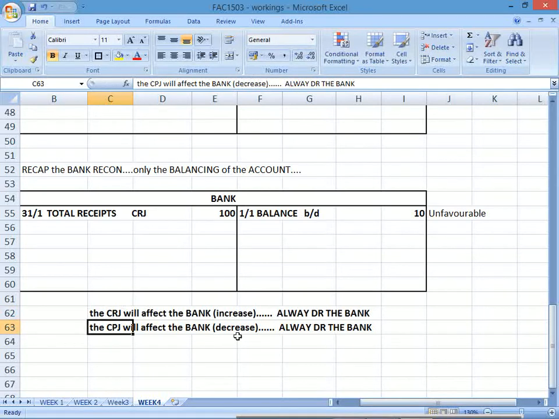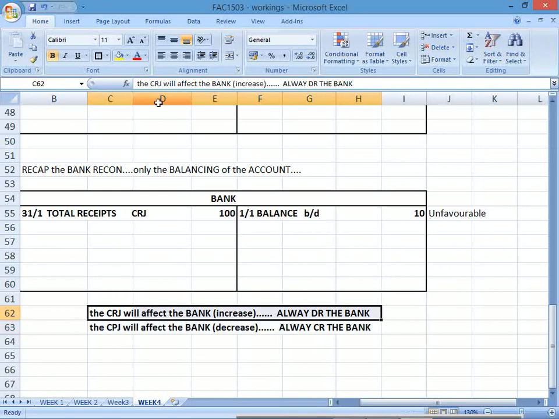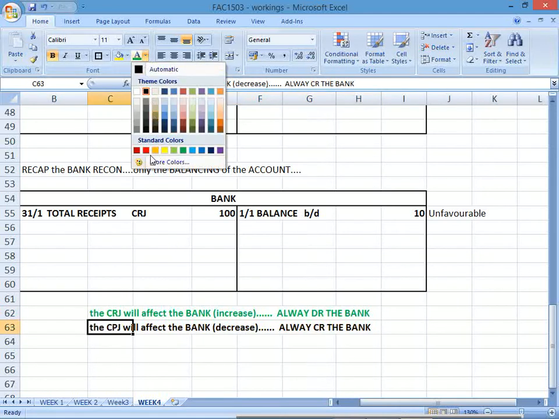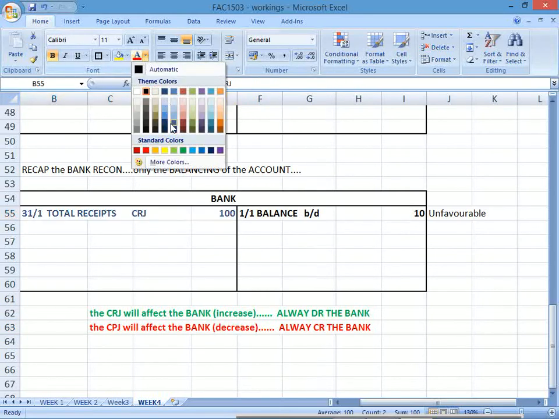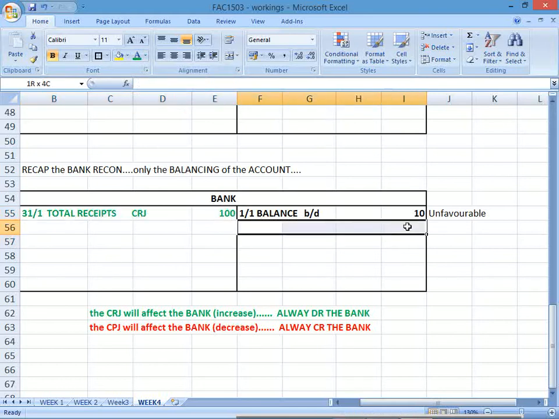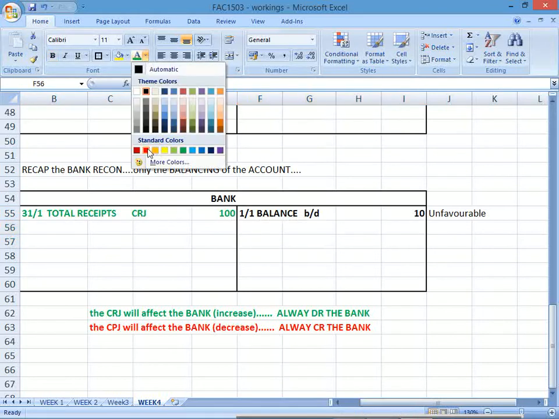Okay, so always debit the bank, always credit the bank. There's the two. Okay, that's revision. Right, let's put the one in green. And the one in red. Okay, so this is a receipt that increases the bank account. This is a payment that would decrease the bank account.